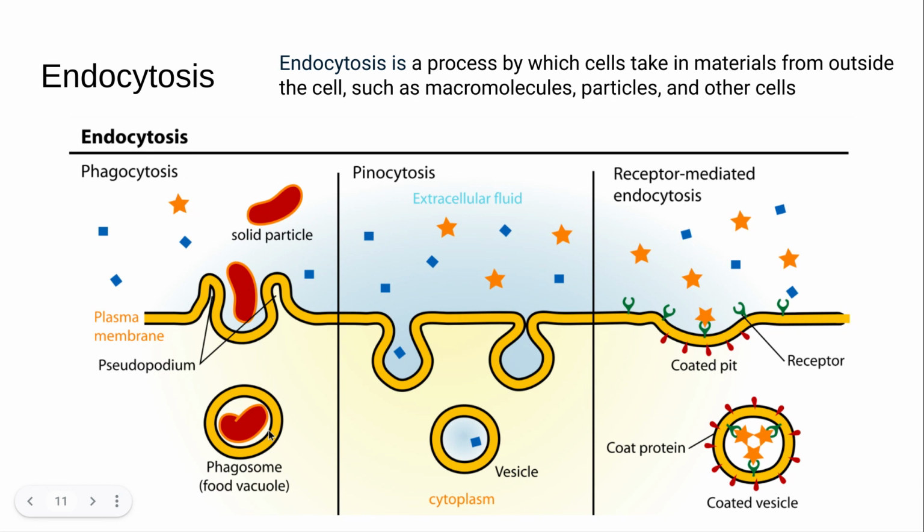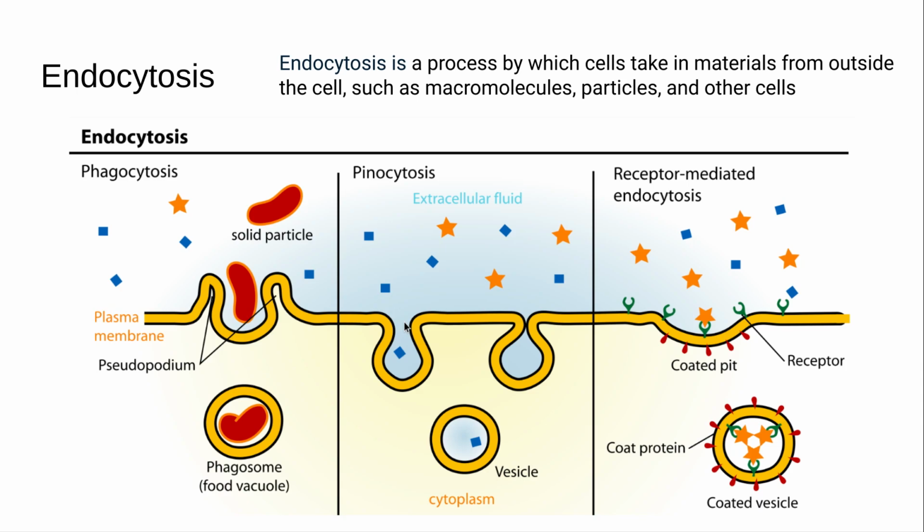Okay, so when you're taking a solid particle like this, it is called phagocytosis, which means cell eating. But you can also use the same kind of membrane infolding to capture liquids and then bring them into the cell. That is called pinocytosis, because it is cell drinking.